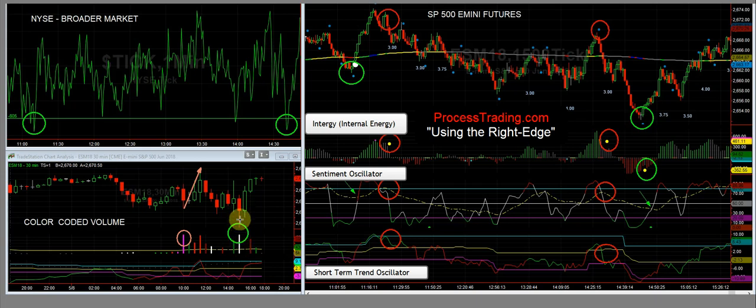So when it retraced there and we were able to make that decision, then we were able to get in on this bar here as it formulated, because we knew that the down for this time period was over and that price was going to continue up. So that's how we make low risk, high probability decisions that result in multiple points taken out of the S&P E-mini futures every day.